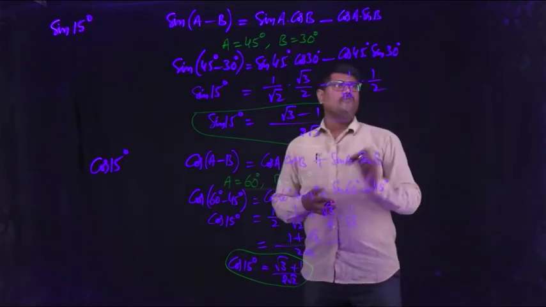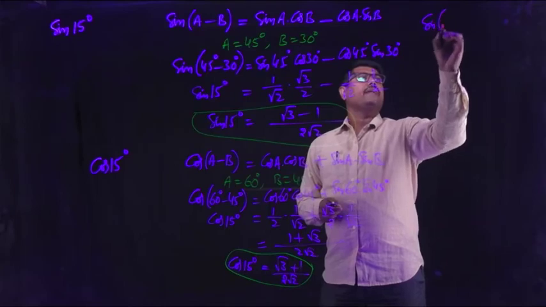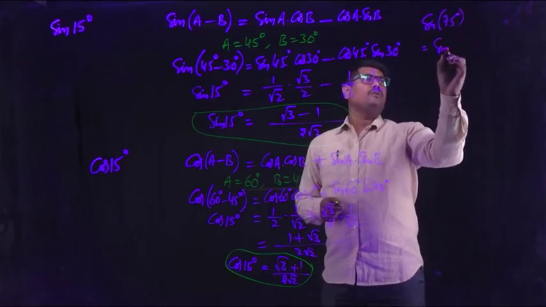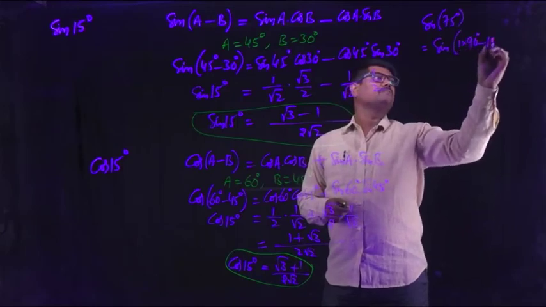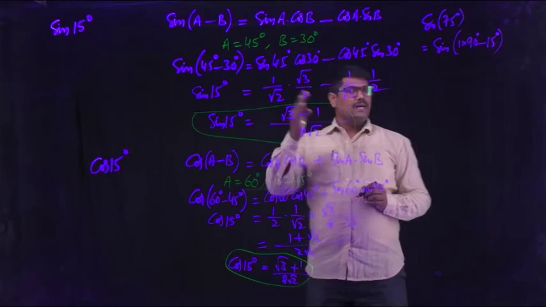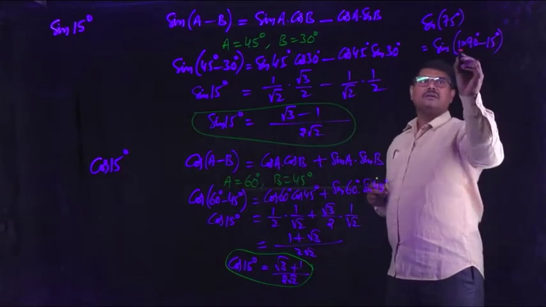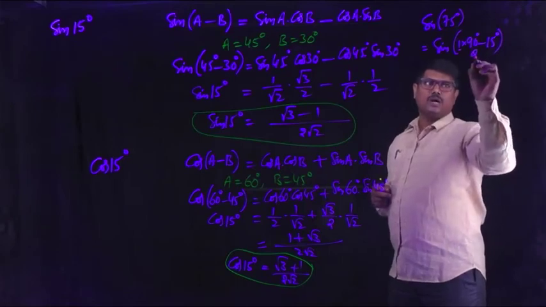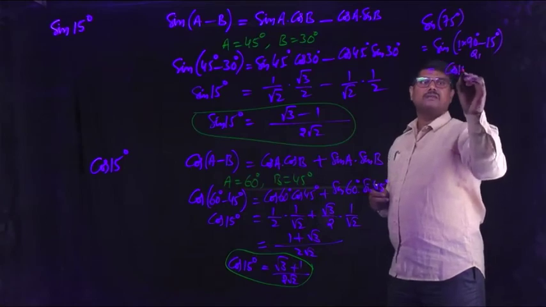If you want to find the value of sin 75, look here. Sin 75 you can write as 1 into 90 minus 15. By the concept of trigonometric ratios, 90 multiple 1 is odd, and 90 minus is quadrant 1, so it will become cos 15.